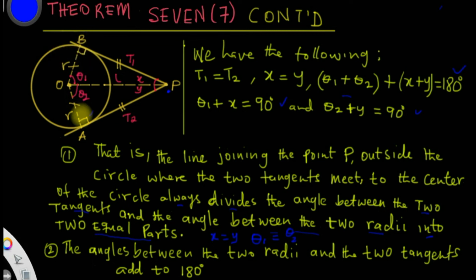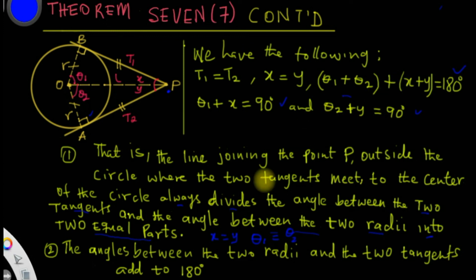So if these two angles give us 180, then surely this angle and this angle must give us 180. So 180 plus 180 gives us 360, which is the total of the angles in a quadrilateral. Therefore, the angles between the two radii and the two tangents add up to 180.